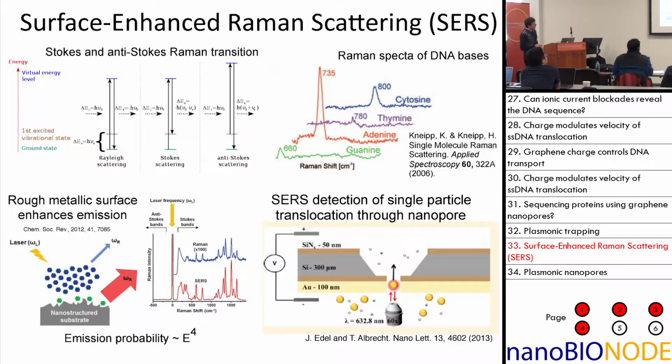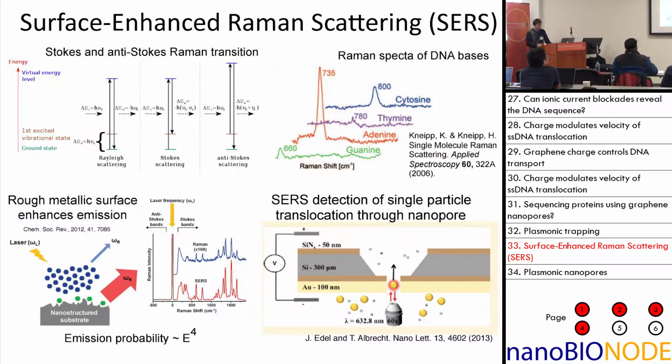And if you look closely, all of them have different signatures. So that's great. Although I must say this is not single molecule, right? This particular paper reports a bulk measurement. All right, and so in principle, Raman can be used for DNA sequencing.